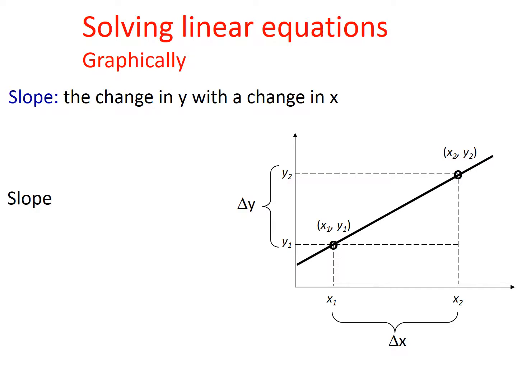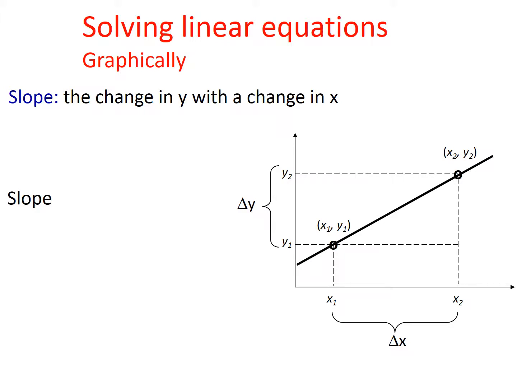Now you see on this one, I minus what was in this one by this one. And then I worked out the gradient, so a or m, whatever, is equal to 2 divided by 4. So a half.